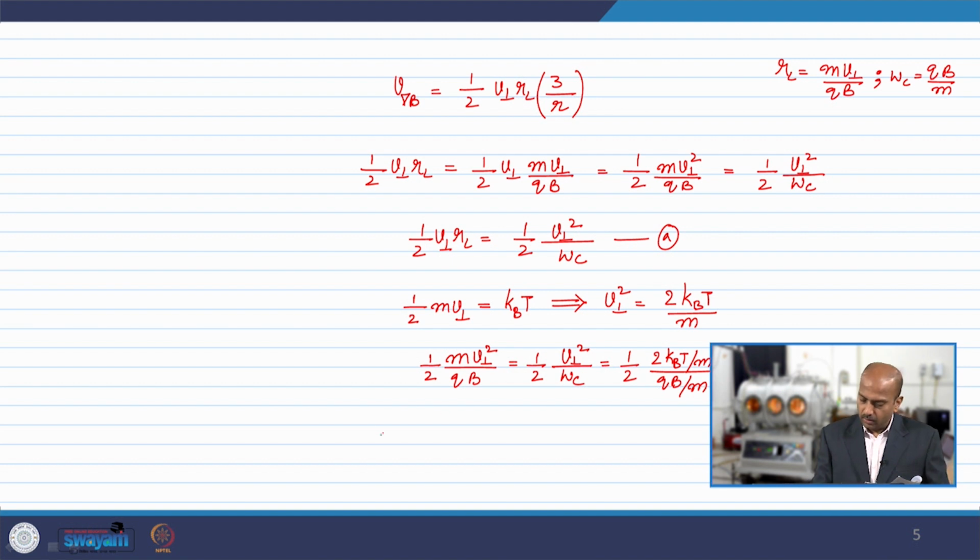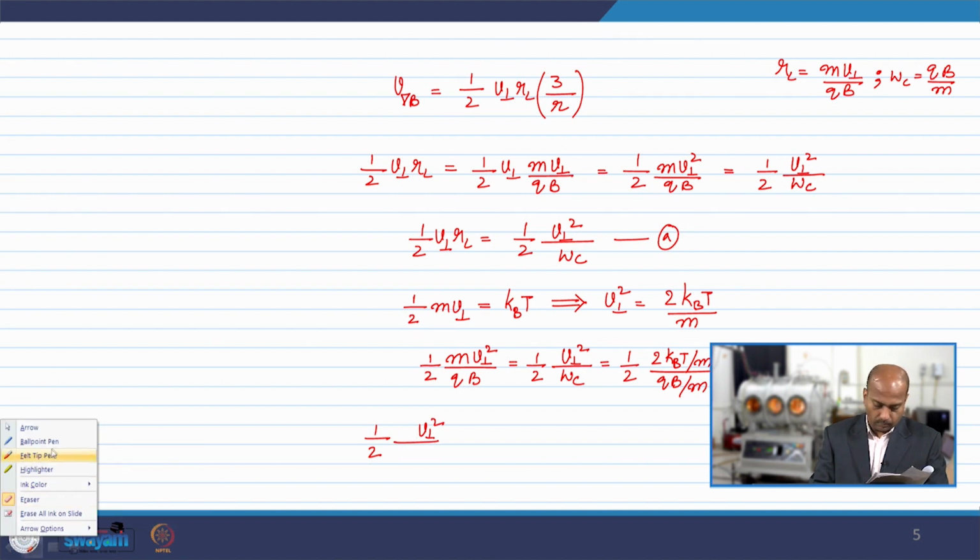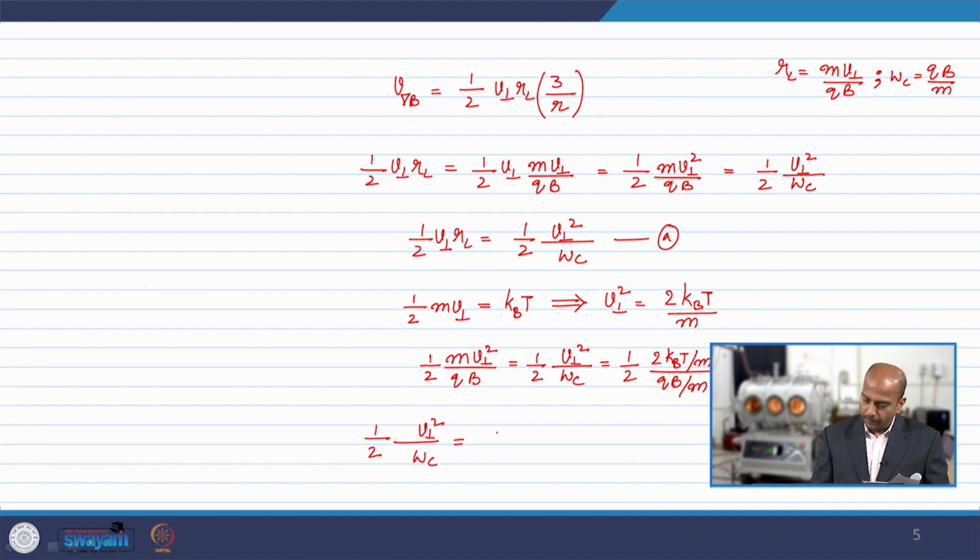So, all of this, half m v perpendicular square by qB, v perpendicular square by omega c, is nothing but kBT by qB.